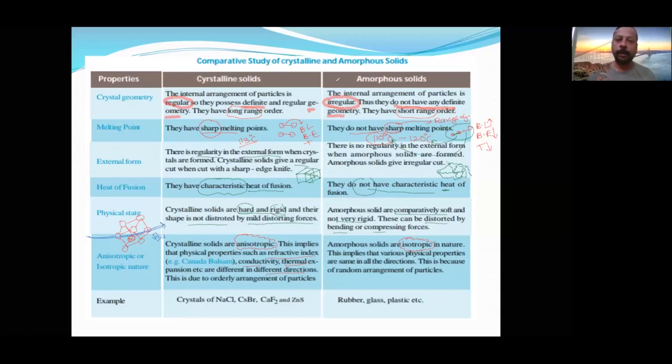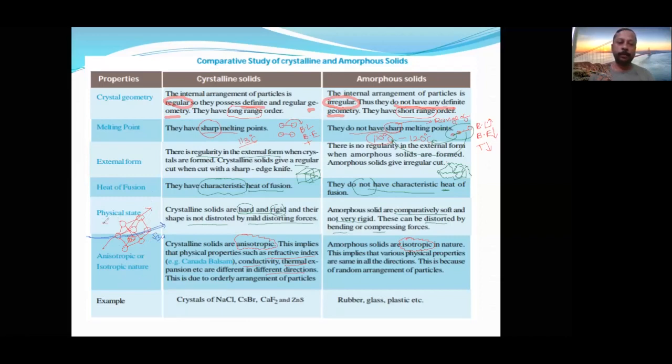But when another ray, let us take another ray, it is passing through the face diagonal. So the next particle it is going to meet will be at root 2a.